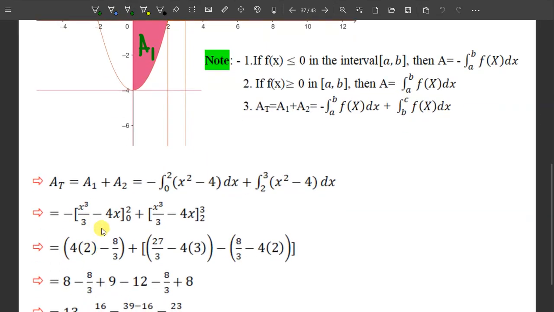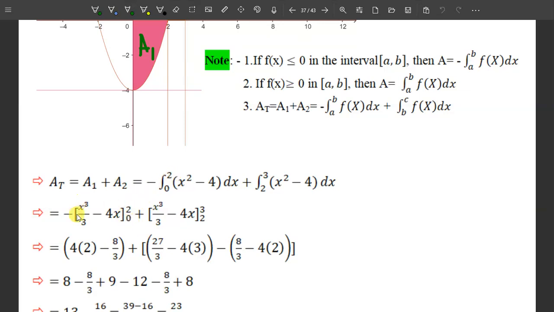Now this implies the integral of x squared is x cubed over 3, minus the integral of 4, which is 4x, evaluated from 0 up to 2, since our lower limit of integration is 0 and the upper limit is 2.